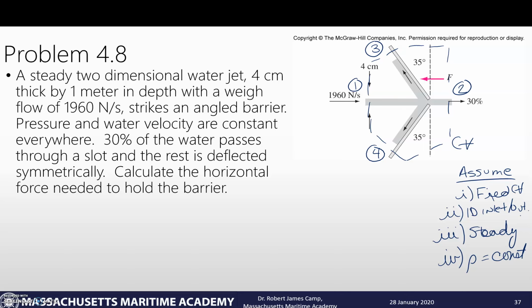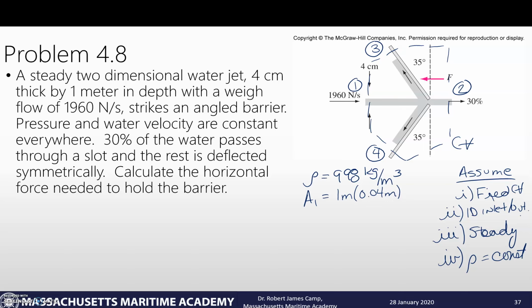The first is I've got a water jet. It doesn't give me a temperature, so we'll just assume 998 kilograms per cubic meter. It's 4 centimeters by 1 meter coming in. So the area coming in is going to be 1 meter times 0.04 meter, and that will give me my area.